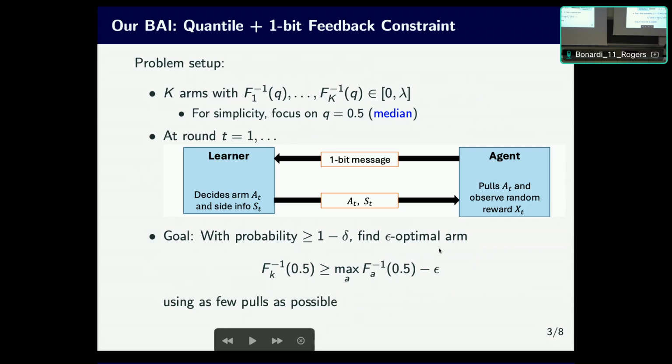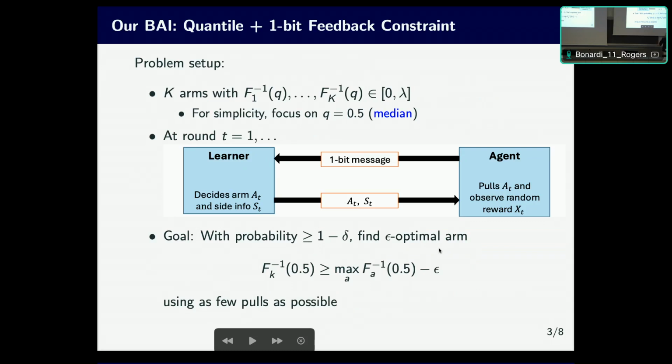And for the second issue, the one about the communication constraint, we have this setup where at each round, the learner decides an arm to be pulled, and tells that to some agent, but at the same time sends some side information to the agent. Now the agent will pull the arm, observe the reward, and report back to the learner.